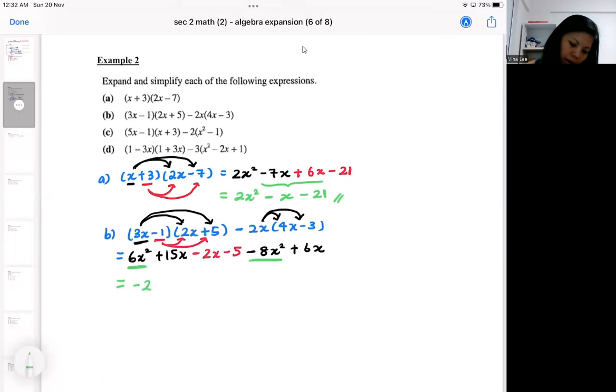In this case I got a minus 2x squared. Then 15 minus 2 plus 6; you can punch the calculator, and you get a number. You have to achieve 100% no careless mistakes.